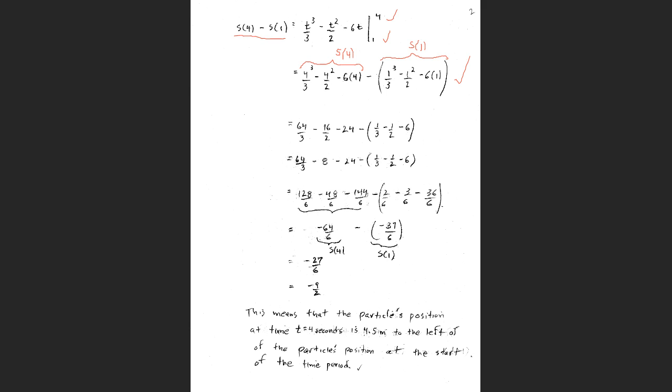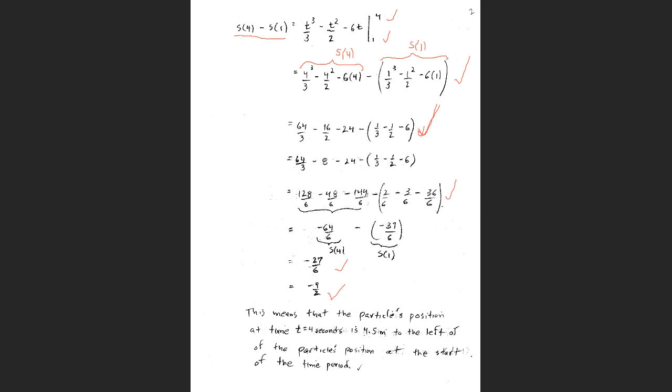When you get down to this step, what I did was work it out, getting common fractions and then computing it. But I think some of you would probably just use the fraction feature on your calculator to compute it all. And you will get negative 27/6, which is negative 9/2.